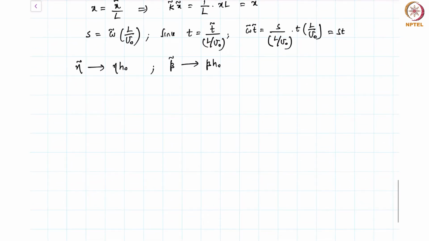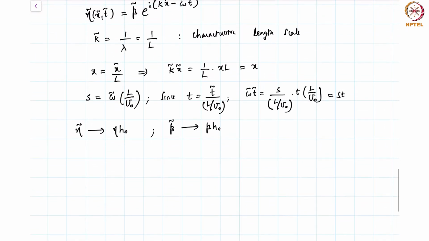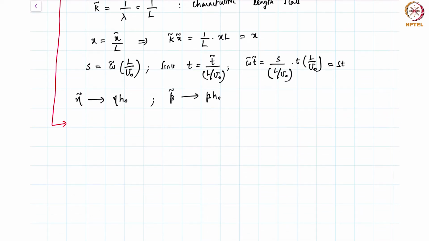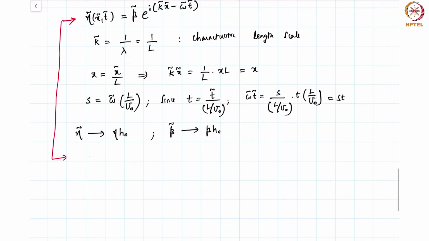So my equation essentially becomes the amplitude equation instead of eta tilde. So I'm referring to this equation here. Eta tilde essentially becomes beta e power Ix plus St. This is the way I've defined my equation.